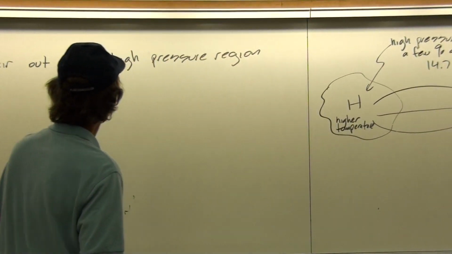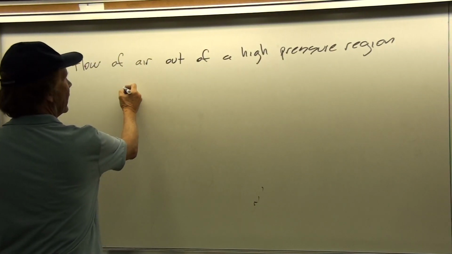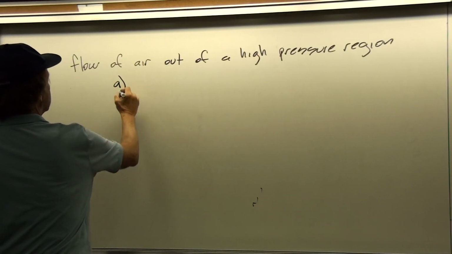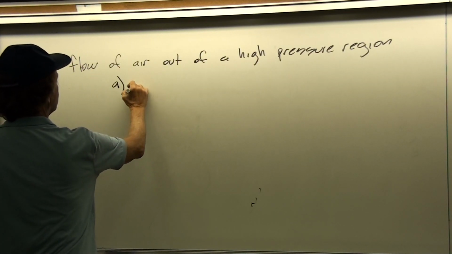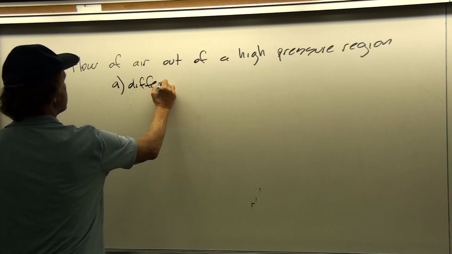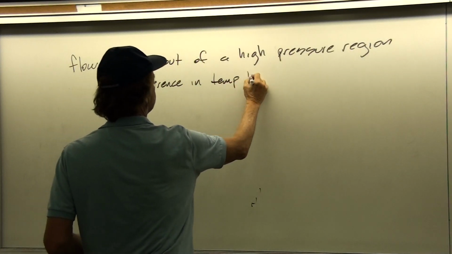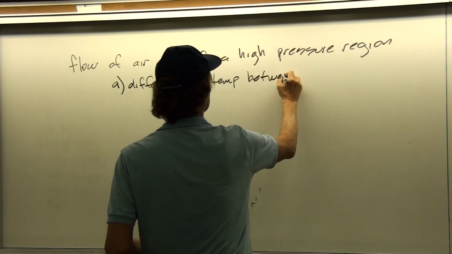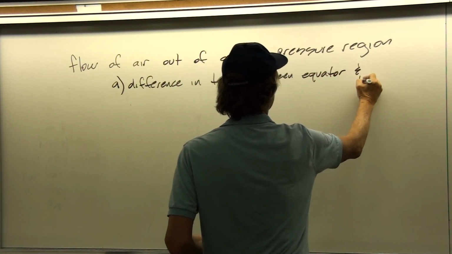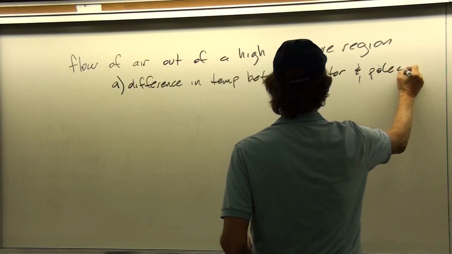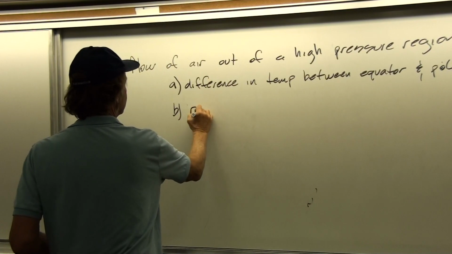But the flow of air is also influenced by A, the difference in temperature between the equator and the poles. And B, the rotation of the Earth.